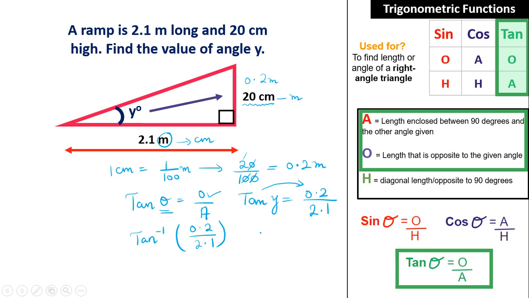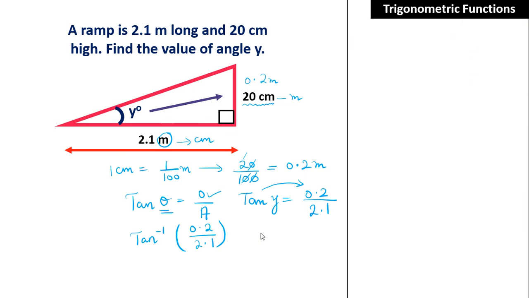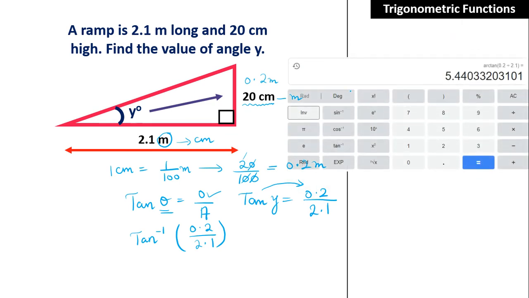Now I need to check out my scientific calculator for that. If you have one, go ahead. If you don't, just type it down on Google and get your scientific calculator. Make sure first thing that your calculator is set on degrees. Secondly, you have to click the INV inverse, and now you can see that you have sine minus 1, cos minus 1, tan minus 1. I'm going to select tan minus 1, that's tan inverse.